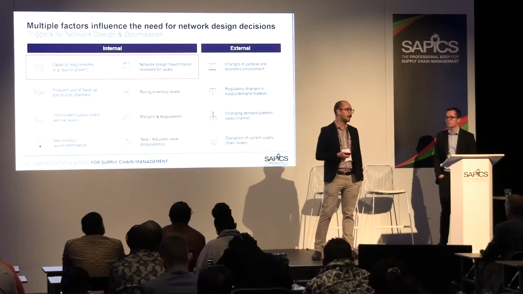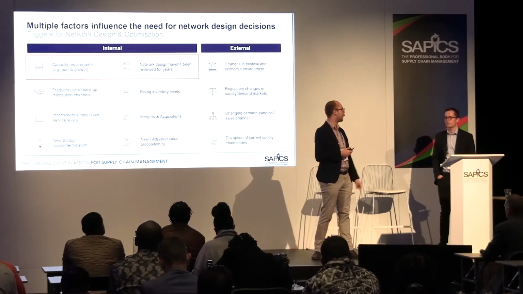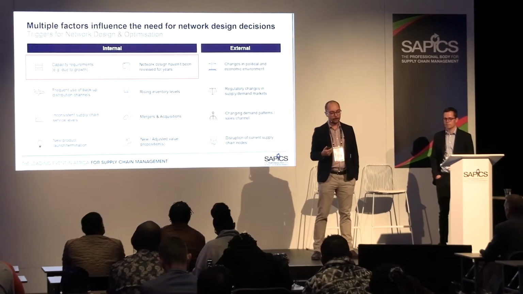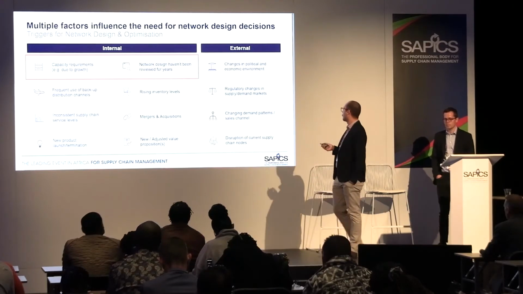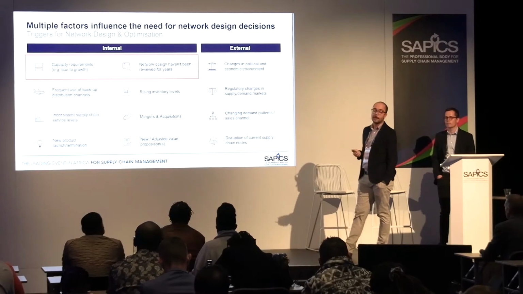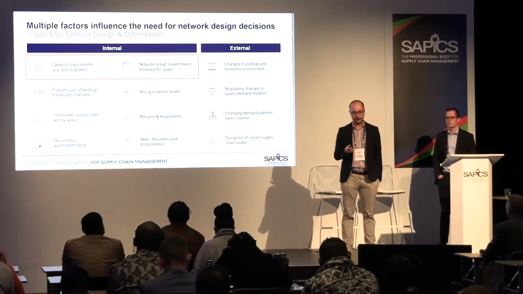I think we expect that to disrupt our supply chain significantly. Batteries inherently require different types of supply chains. Changing demand patterns, and then the last one, disruption of current supply chain nodes. And I think I only need to use one word there, and that would be COVID, which has really disrupted supply chains all across the world.